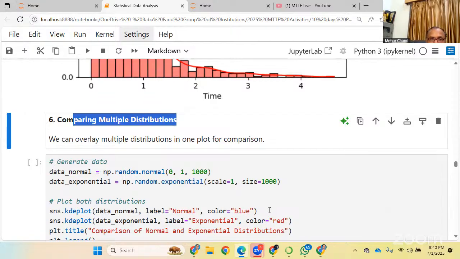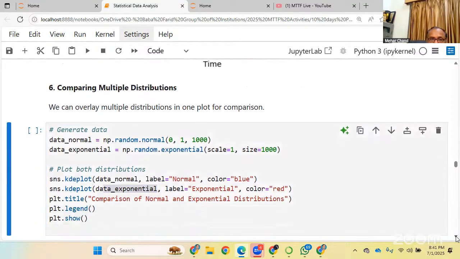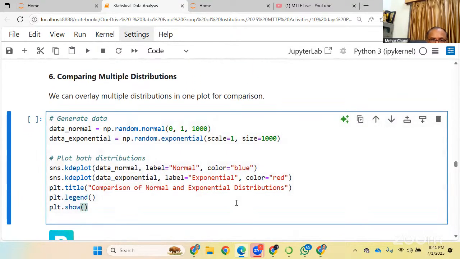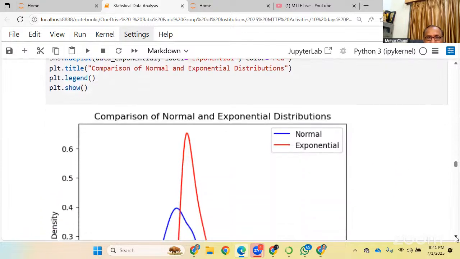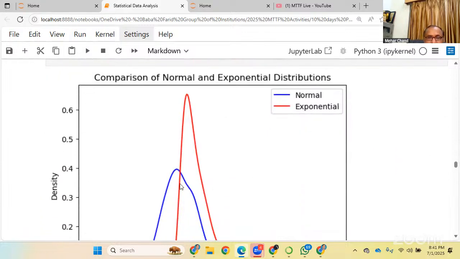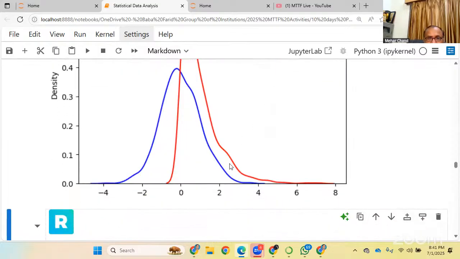You can see here kdeplot, data normal, then we have data exponential, and when you plot this graph, you can see normal and exponential both together, and we can easily compare them in this graph.